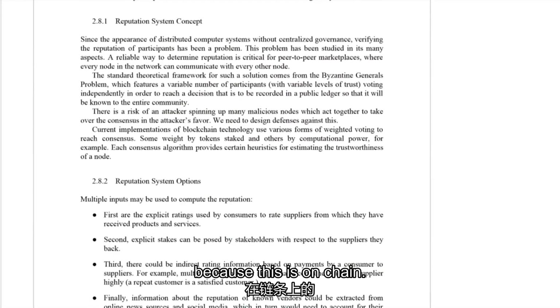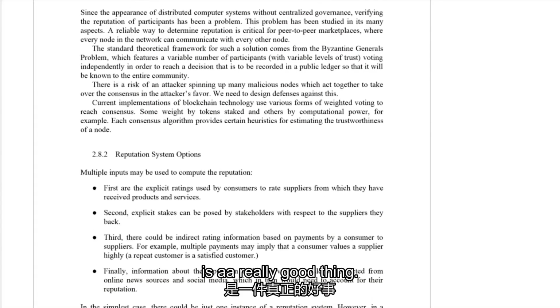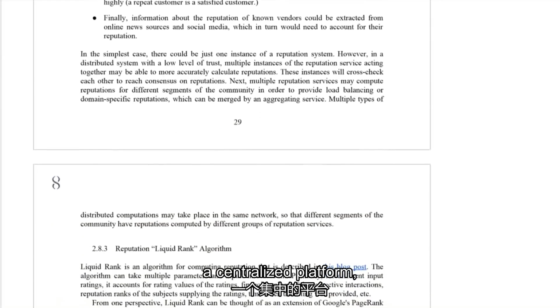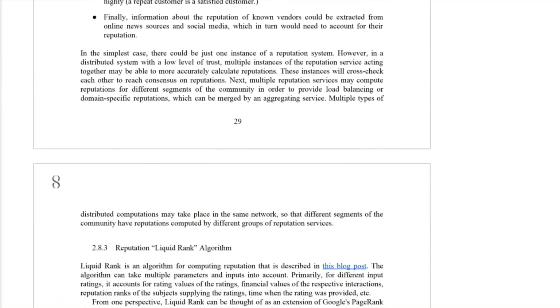By the way, because this is on-chain, anyone can participate in the market permissionless, which is a really good thing. However, they maintain kind of a DApp, a centralized platform where they control. So you sort of have this decentralized thing where everyone can participate, but only some people are listed on the main hub, let's say.